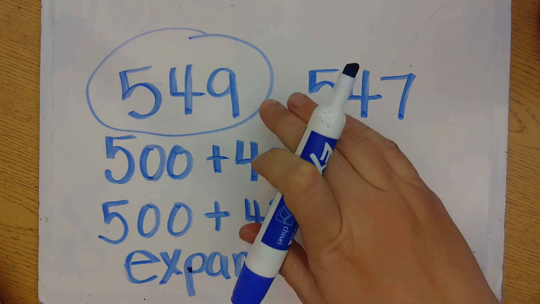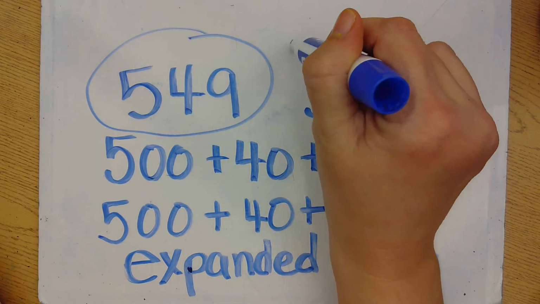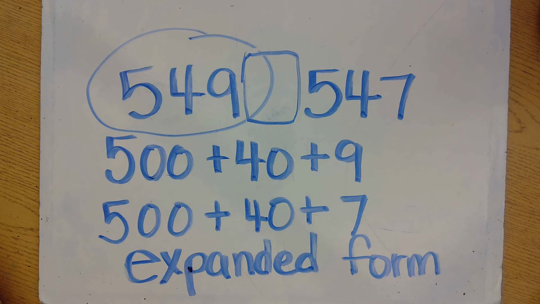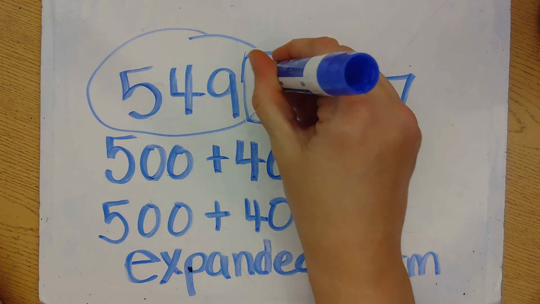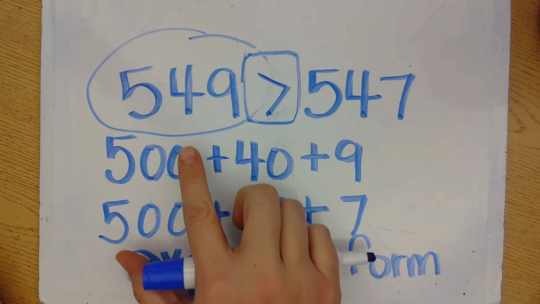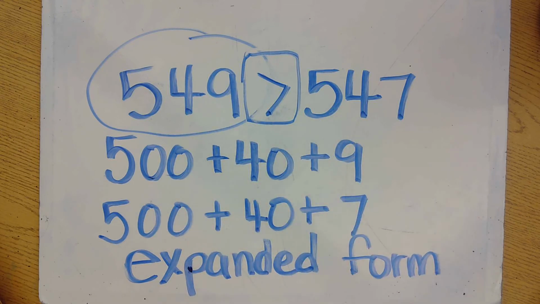And if we wanted to use a greater than, less than, or equal to symbol, which one do you think we would put right here in the middle between these two numbers? If you said the greater than symbol, you are correct. When I read this as a sentence, it says 549 is greater than 547.